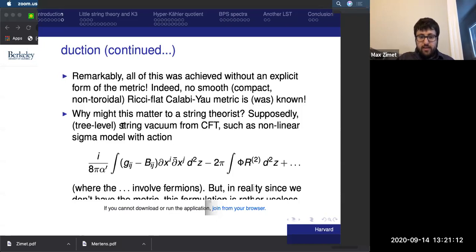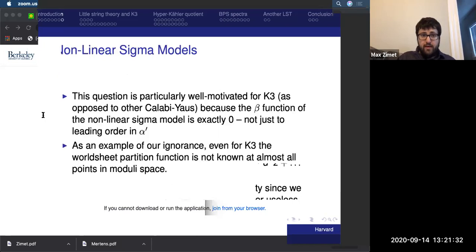One of the first things you see in a string theory class is the nonlinear sigma model action. And we're supposed to obtain tree-level string vacua from conformal field theories, such as the nonlinear sigma model. But in reality, we don't have the metric, and so the starting point needed to formulate this CFT is not present.